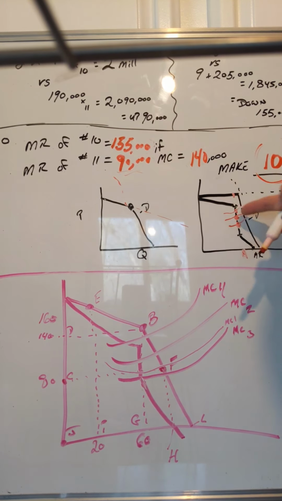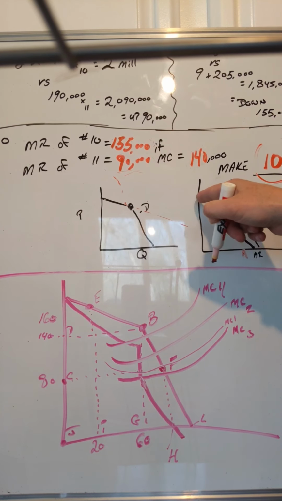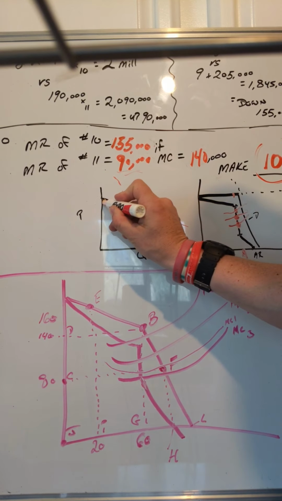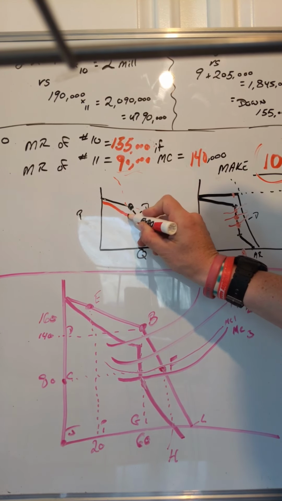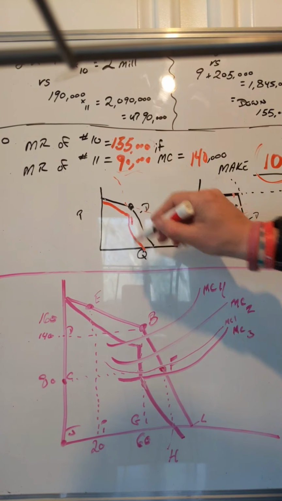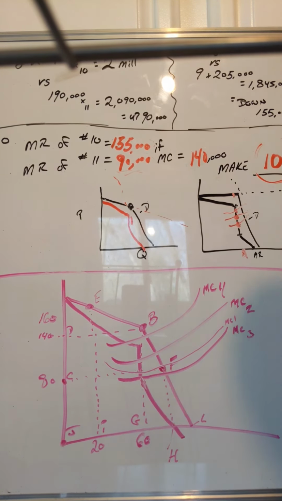In fact, that almost looks perfectly elastic. I didn't mean it to be like that. The reason I did that is that it means you'd have less of a vertical gap than you would here.